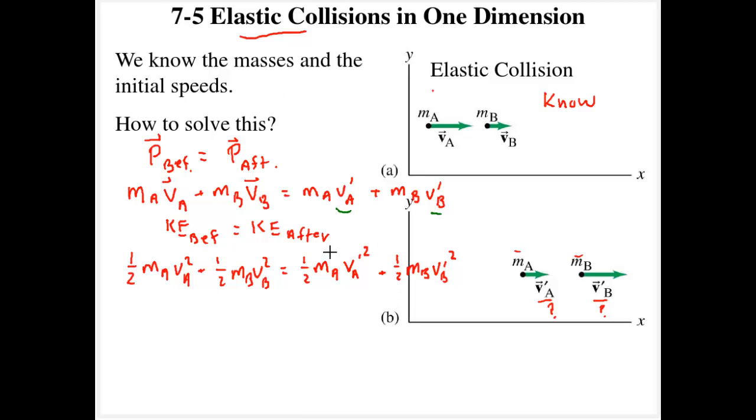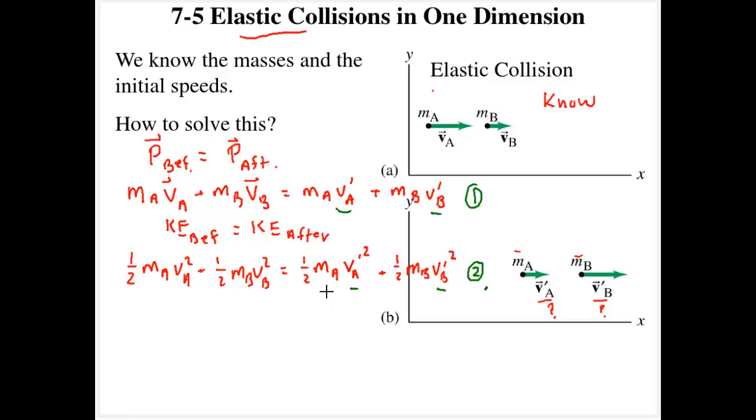Before I had one equation and two unknowns, but now I have two equations and two unknowns. I can go ahead and solve this and figure out a relationship between the velocities.